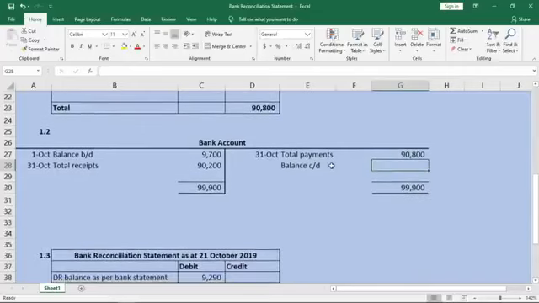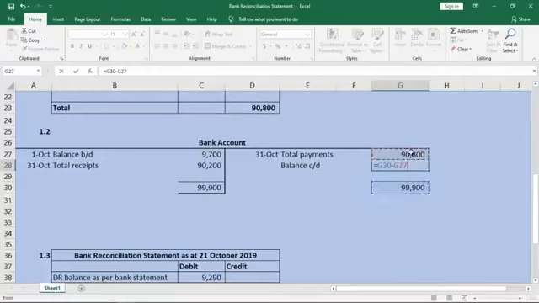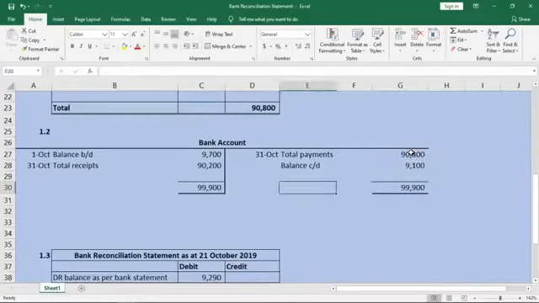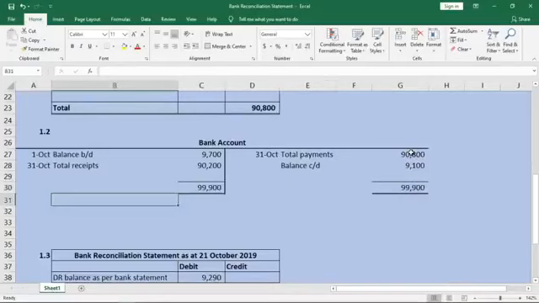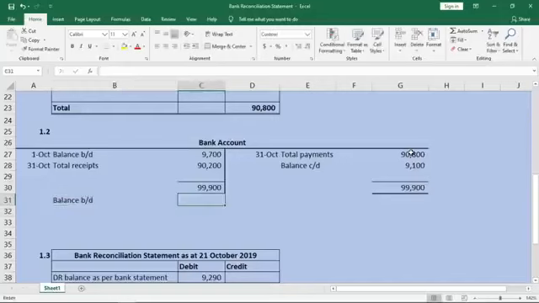And then what do we do? We take this total over here minus this one here to get the balance 9,100, and then we come to the bottom here on the left hand side and write balance brought down. Now this will be the opening balance for the following month, so we put the same amount which is here on balance carried down, and there you have the balance brought down.